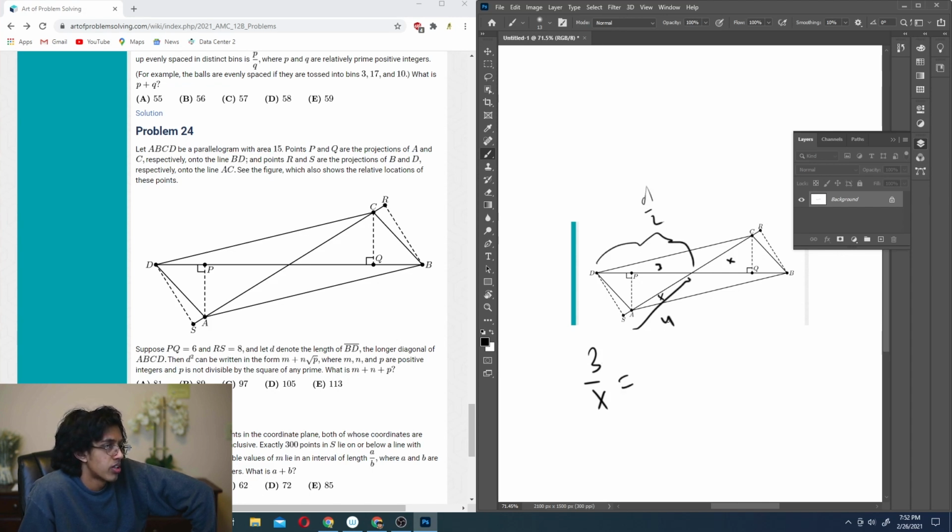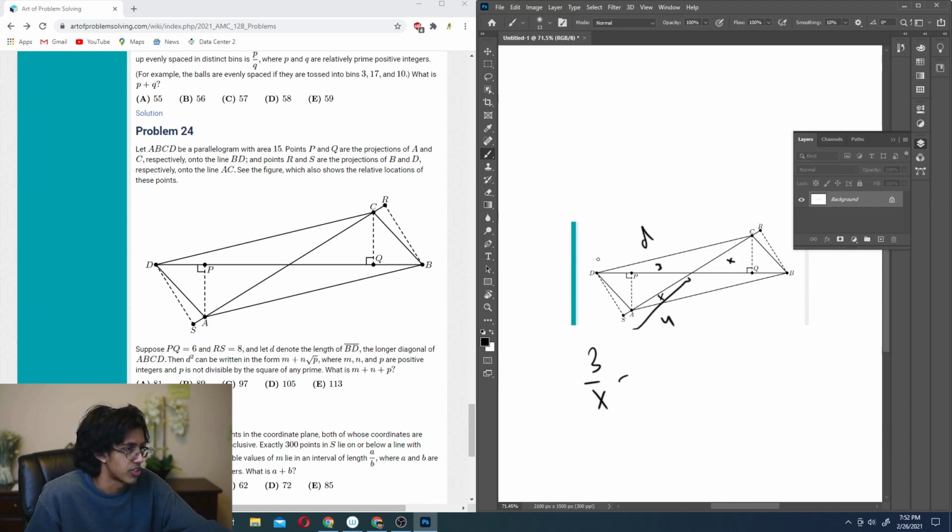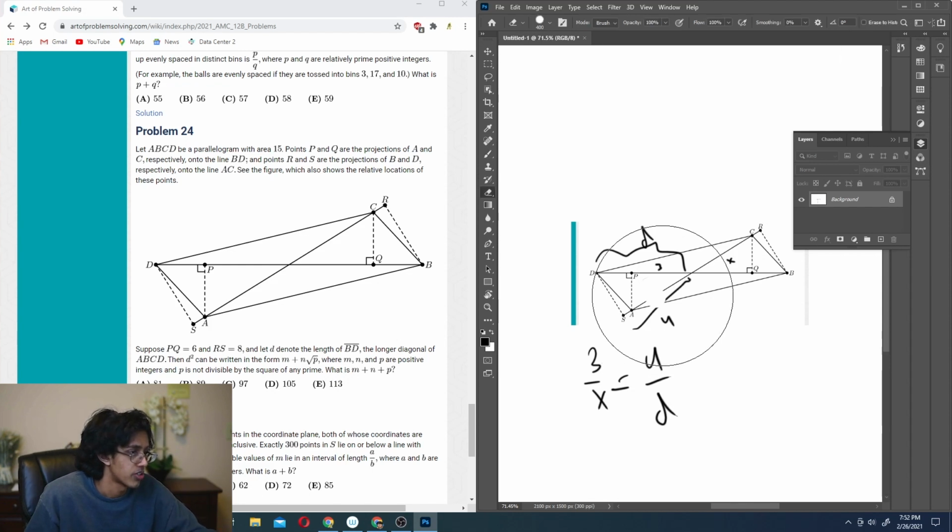D over 2, then, or let's just call it d, and we can multiply by 2 at the end, so this part is d. Hopefully you don't troll at the very end, but hopefully we'll remember, is equal to, so 3 over x is equal to 4 over d, right? So essentially this length over here is going to be like 4/3 d, right? Sorry, wait, what? No. 3/4 d, okay.